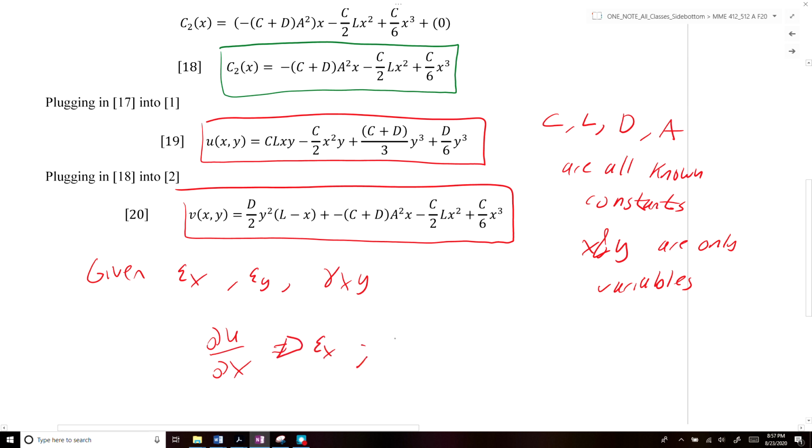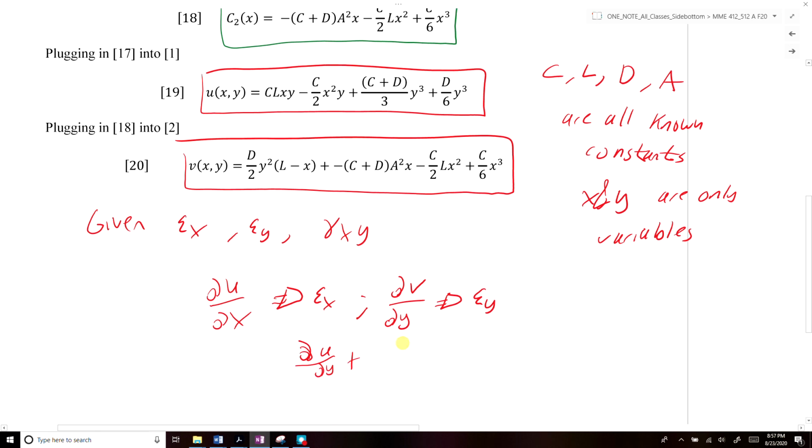All right, you could then take the derivative of the v of xy function with respect to y. And you could solve for epsilon y, and you could take the derivative of u with respect to y plus the derivative of v with respect to x, and you could solve for gamma xy.